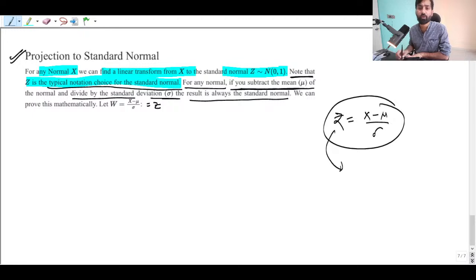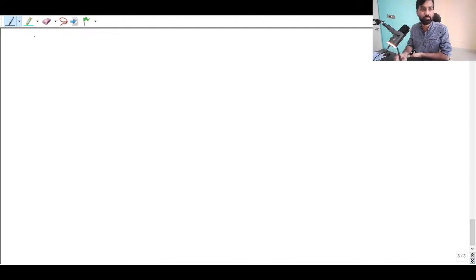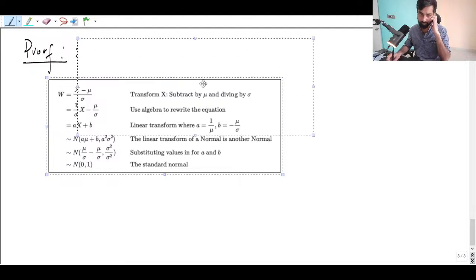This is very important, and we can prove it mathematically, right? These steps I have told you. I gave the proof last time also, and I will give it directly. Each and every step is mentioned. Suppose you have W equal to X minus mu by sigma, that is nothing but standard normal.